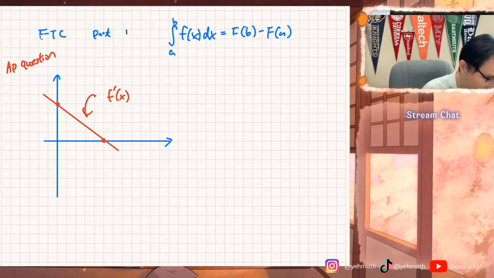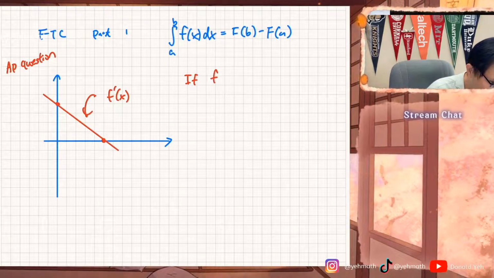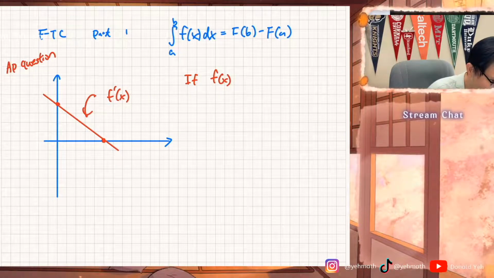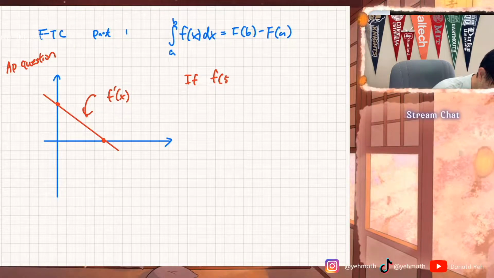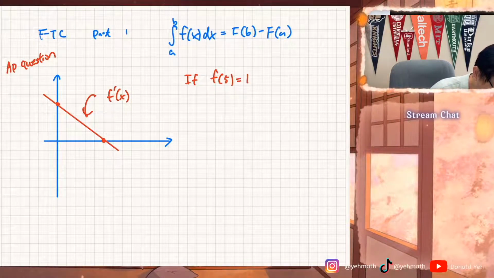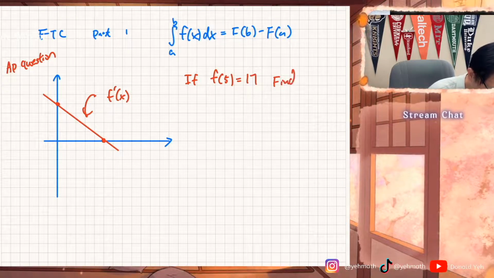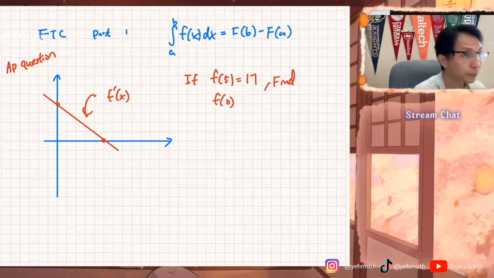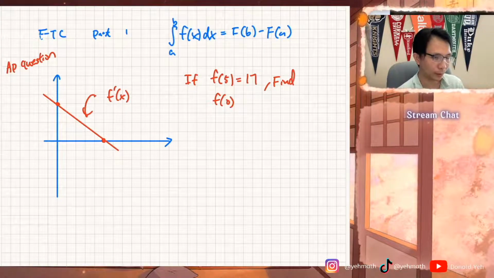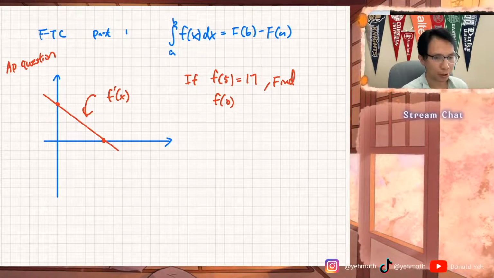They will say, if f of 5 is equal to 17, can you find f of 0? I want you guys to think about how you approach those questions.